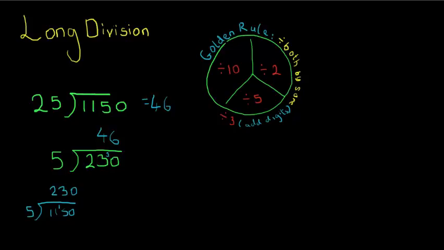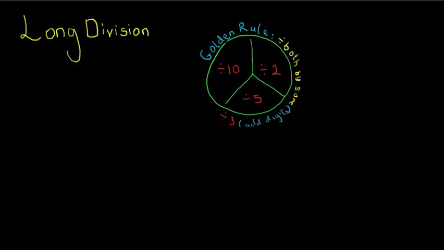Okay, so the idea there is to find a common factor. Let's do one more. Let's do 24 into 1560. Now in this case both values are even, so I'm going to half them. Well, half of 24 I can do in my head, that is just 12.